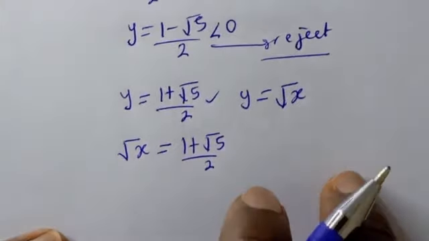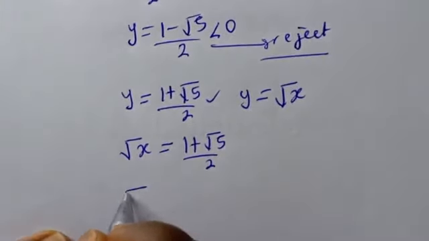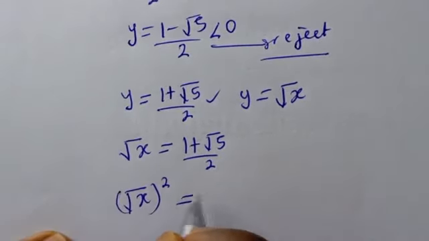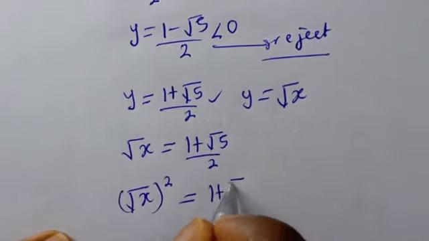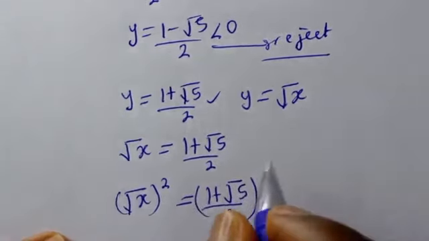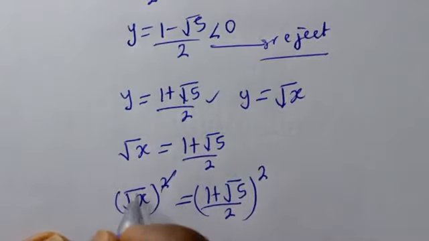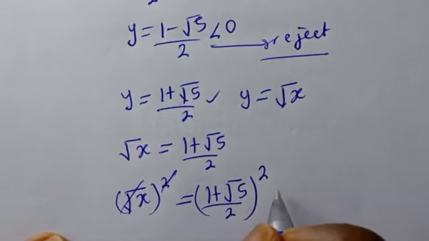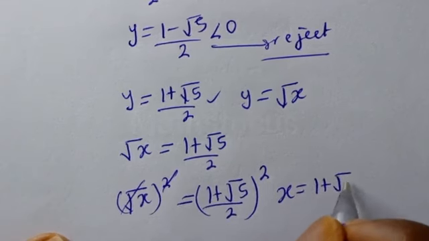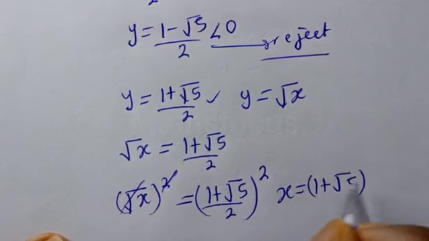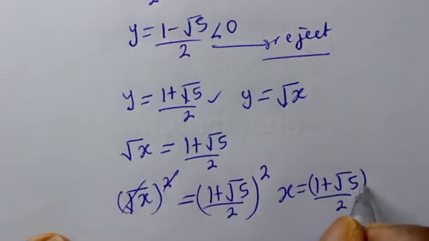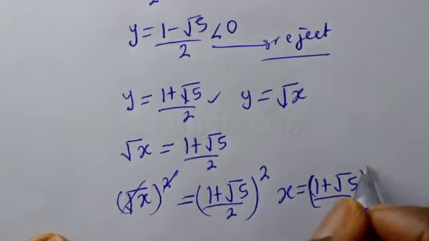Then let's square both sides of this equation. Root of s all squared is equal to 1 plus root 5 over 2 all squared. This will cancel this. s is equal to 1 plus root 5 over 2 all squared.